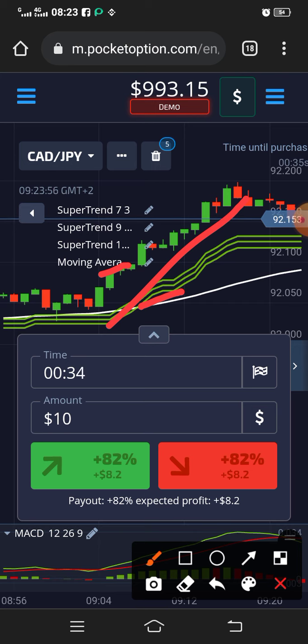Look at these three Supertrend pointing up. Sometimes they point up, they come down. You can just wait until the three of them align themselves, point up. This is up. The last one says, and your MACD is like this.